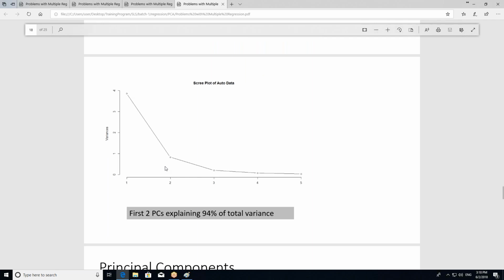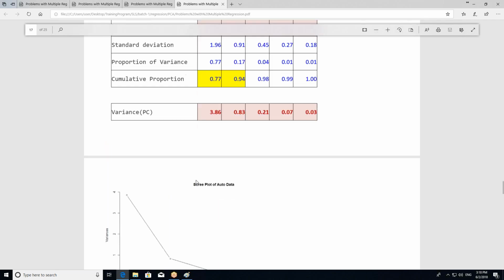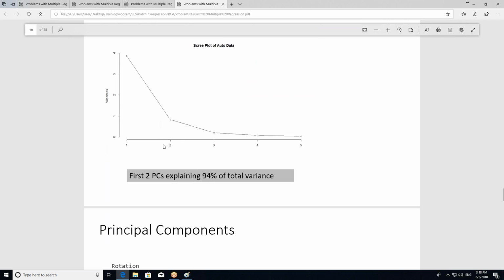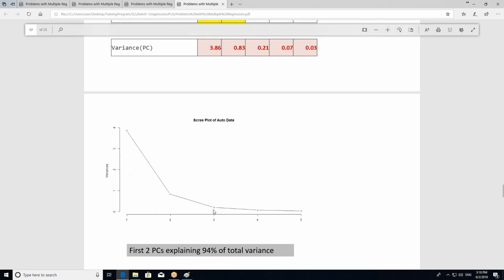The first and second alone explain 94% of variation, and with the third one it is 98%. So you don't need to stretch out and get those other values. They can be dropped.